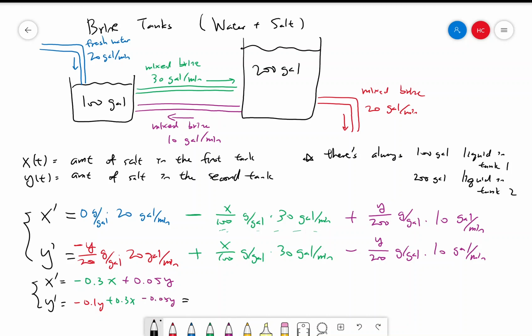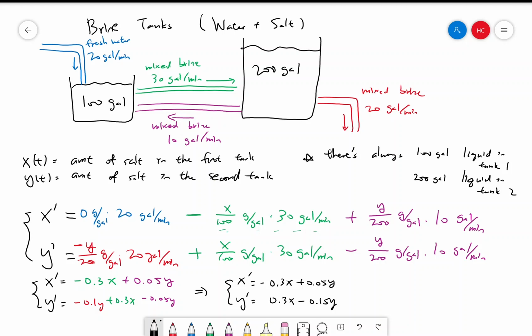This can be simplified, so this gives you x prime equals negative 0.3 x plus 0.05 y, and y prime equals 0.3 x minus 0.15 y.